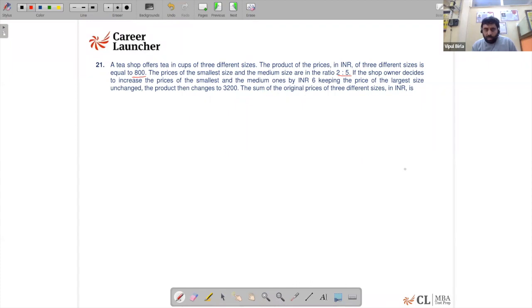Let us assume that the price of the smaller is 2x, and therefore the price of the medium size will be 5x, because the ratio is given 2:5. And assume that the price of the larger is going to be Z. So according to the question, 2x into 5x into Z is equal to 800.